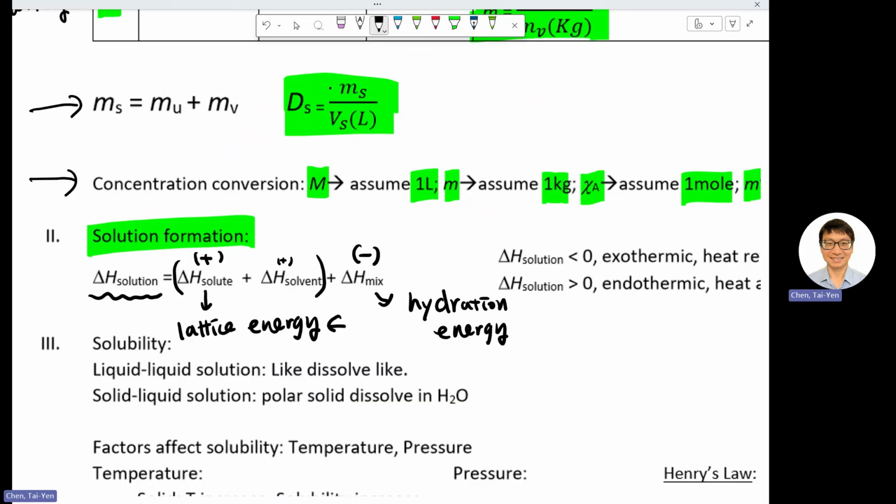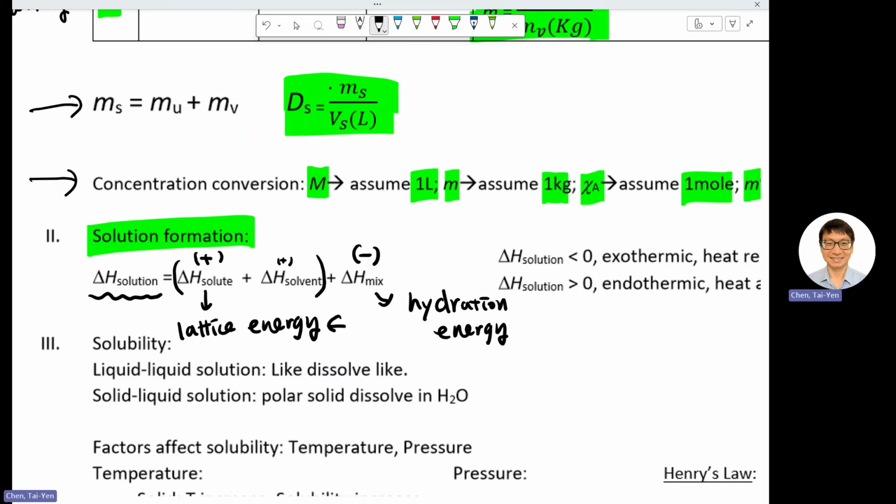The question you're going to encounter in this chapter will ask: if your delta H solution is positive, what does it mean? Negative, what does it mean? So you must know the sign of the different energies. Specifically, hydration energy is negative and lattice energy is positive, and then their relative magnitudes dictate the sign of your delta H solution.